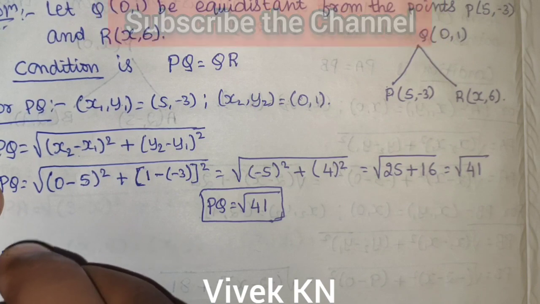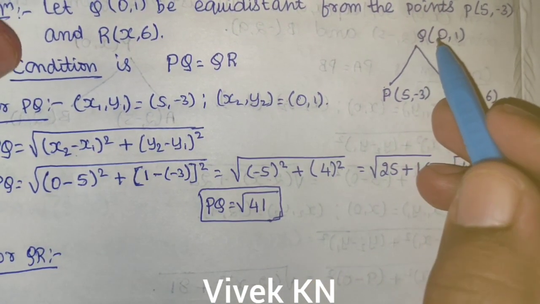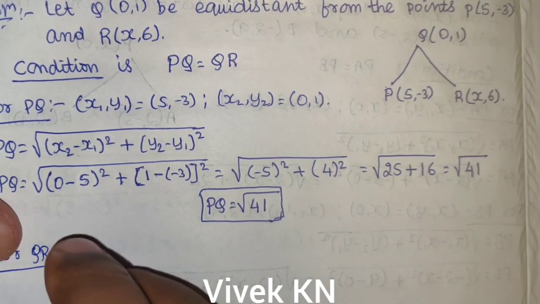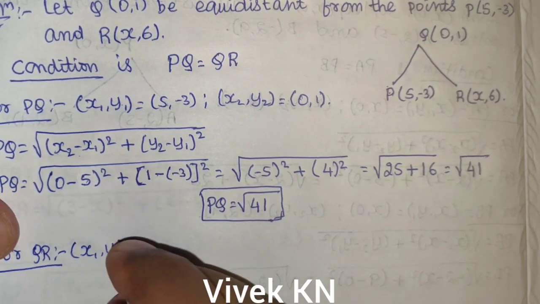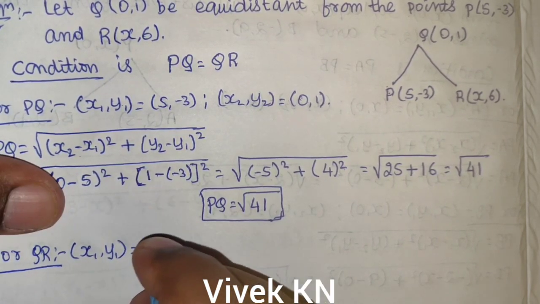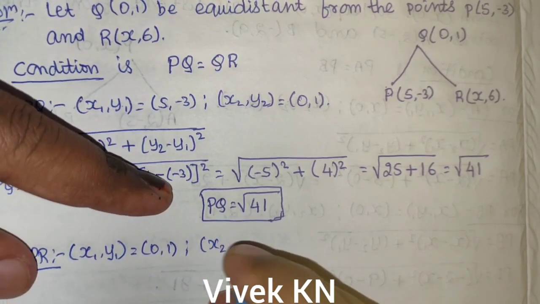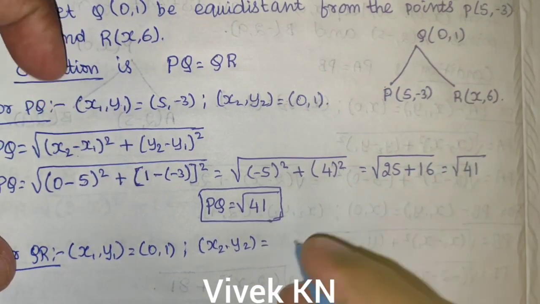For QR, this is x1 y1 and this is x2 y2. x1 y1 is 0, 1, x2 y2 is x, 6.